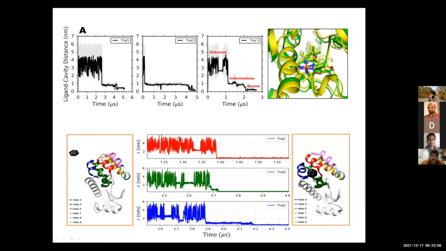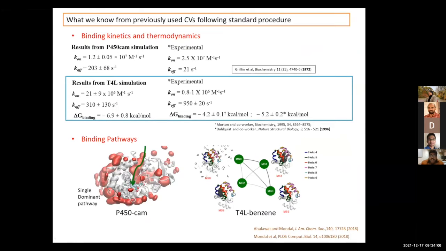But in the case of cytochrome P450, there is only a single dominant pathway, whereas in T4 lysozyme we have multiple binding pathways. So we used a good CV, and with that very good CV we achieved excellent results in terms of binding kinetics and thermodynamics.